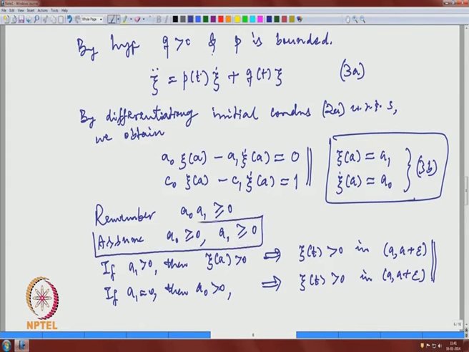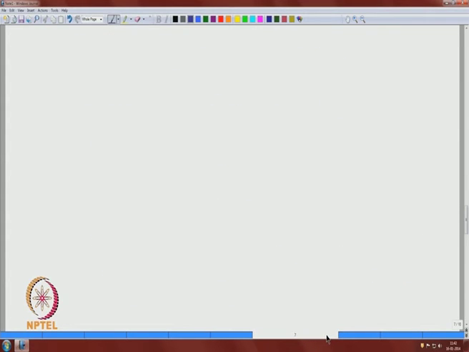If we assume both are negative, then we will have a negative thing here, but just for definiteness let us fix the signs of A0 and A1. So, therefore, J of T is positive for T in A to A plus epsilon for some epsilon positive.